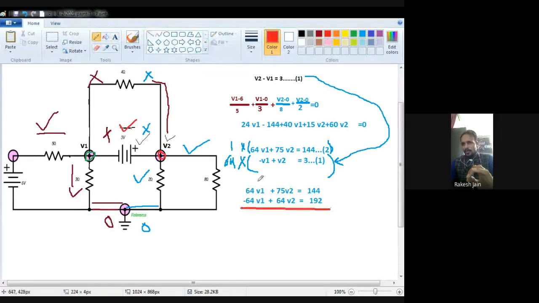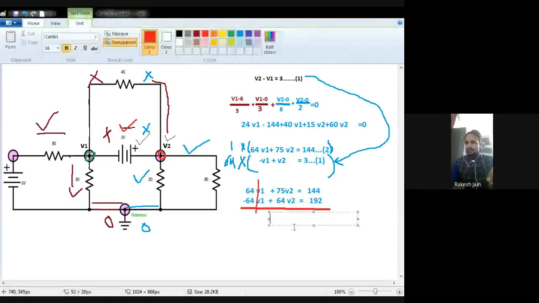Because here minus 64 and here plus 64, they will be cancelled out directly. And what is 75 plus 64?